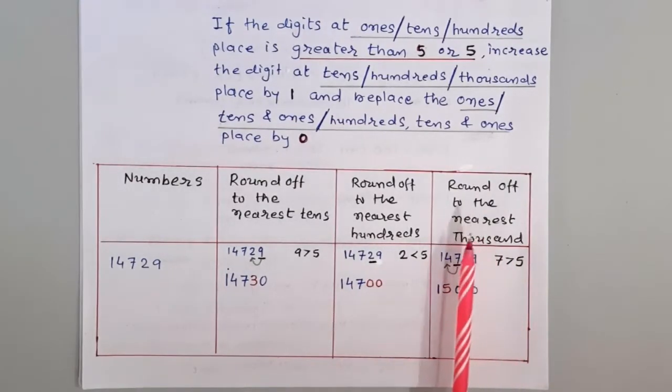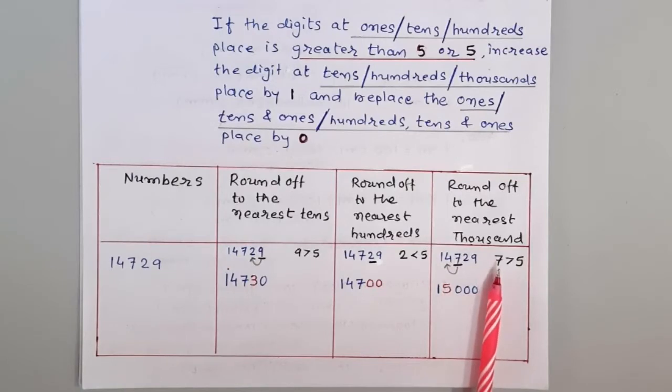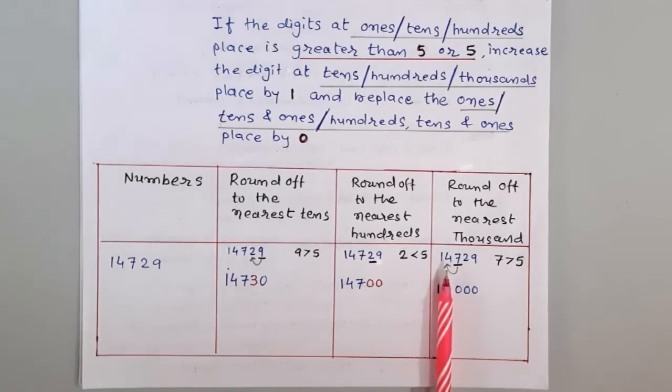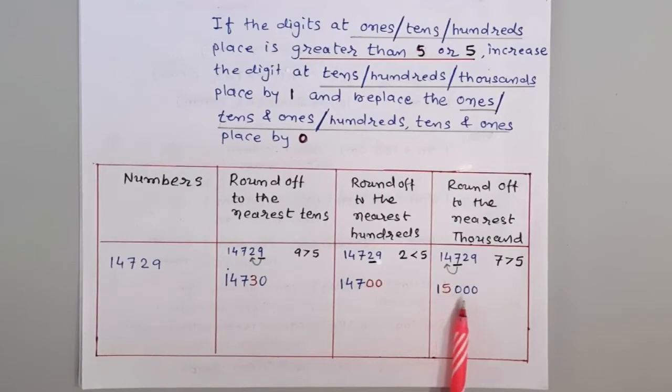And round off to the nearest thousand: underline the digit at the hundreds place, 7. 7 is greater than 5, so we have to increase the thousands place by 1, so the estimation will be 15,000.